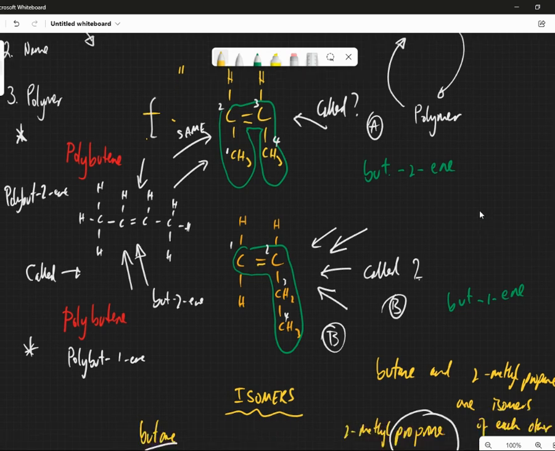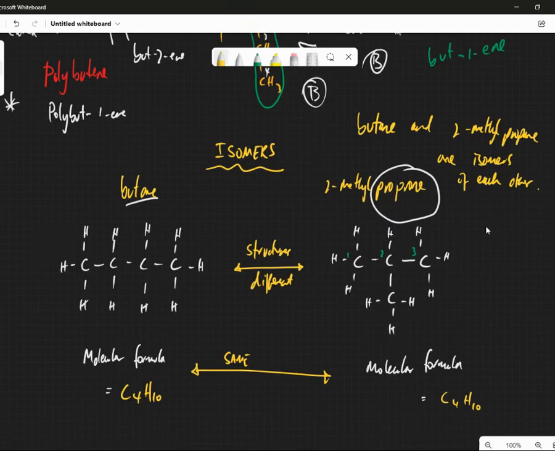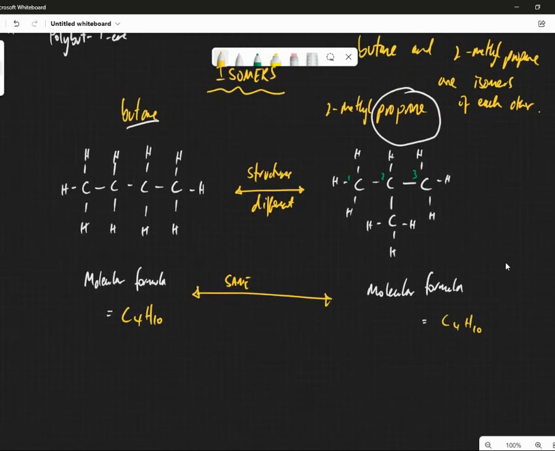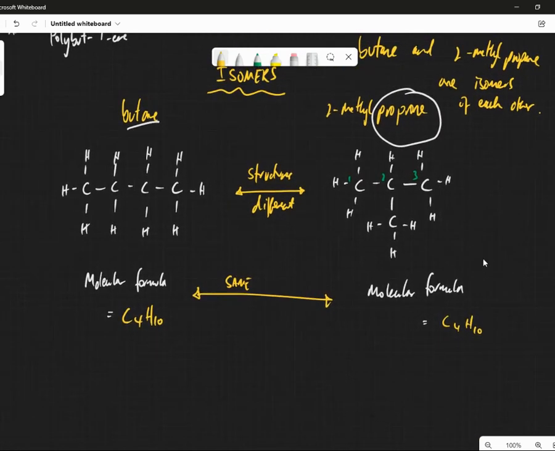Can you, in your head, dear, imagine a lemon smell? All of you, imagine a lemon smell, and now imagine an orange smell. Believe it or not, they're exactly the same molecule. They're isomers of each other. Those two smells are isomers of each other.